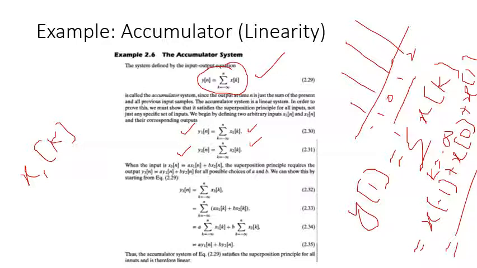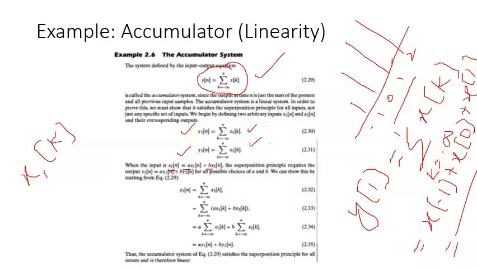Now we take another input x3. x3 is the sum of x1 plus x2, with scaling applied to them. So now we are doing scaling and addition. You got the point? We have passed input 1, input 2, and now x3, the sum of both inputs.